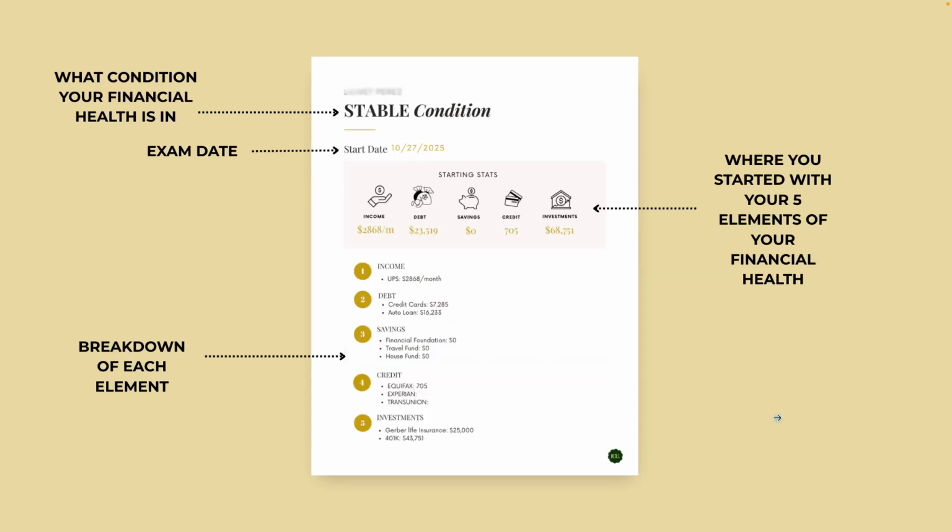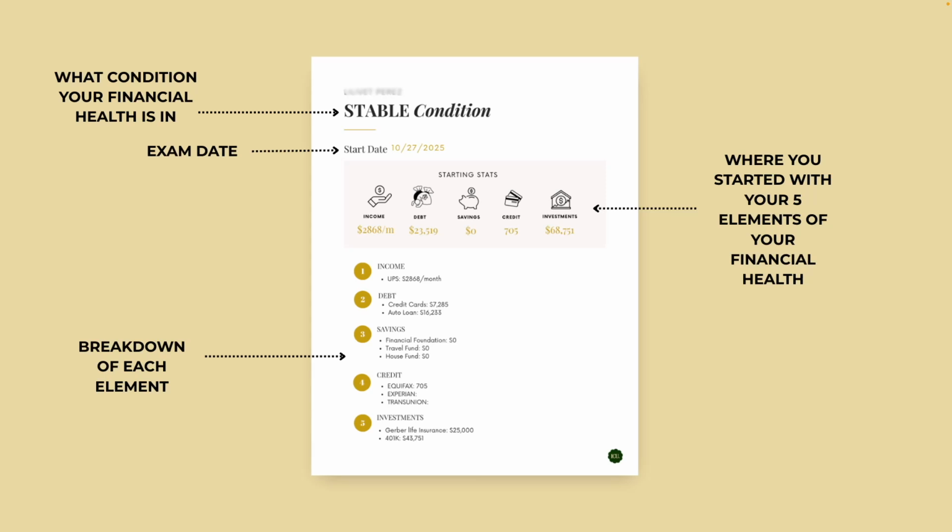Next page, you're going to see your name up there, and then it's also going to show you what condition your financial health is in. That's what this part is for, okay? So if you're in critical condition, stable condition, or optimal condition, which is where we all want to be, okay? Then it's going to show you your exam date, your start date, and this is important because this is actually going to show you before and after, like when you first came to us or what this current year or 12 months looks like for you, right?